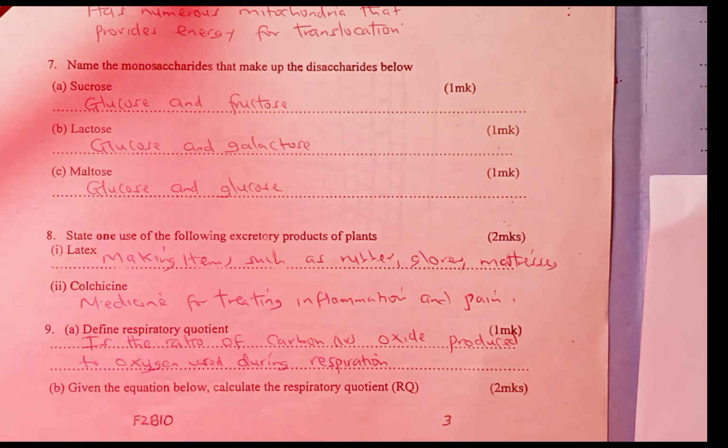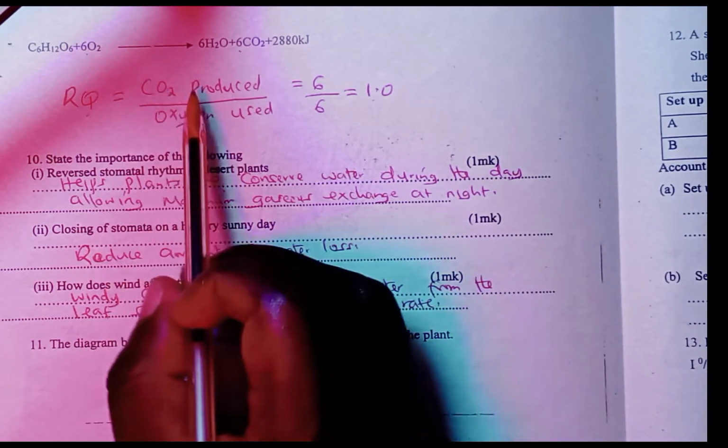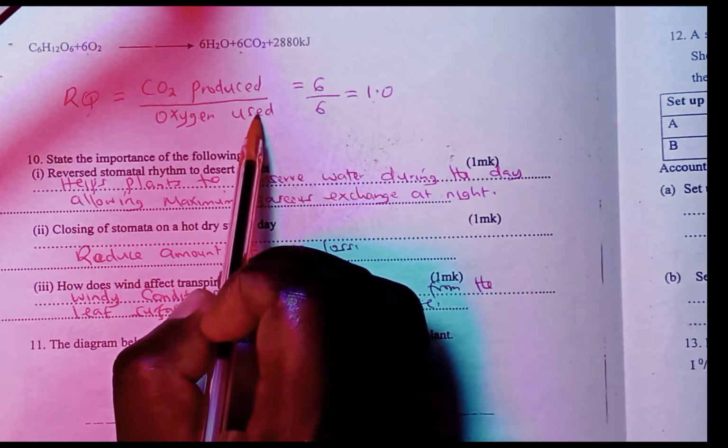We move to question number 9b. Given the equation below, calculate the respiratory quotient, that is the RQ. So to get RQ, you look at the carbon dioxide produced, you divide by the amount of oxygen used.